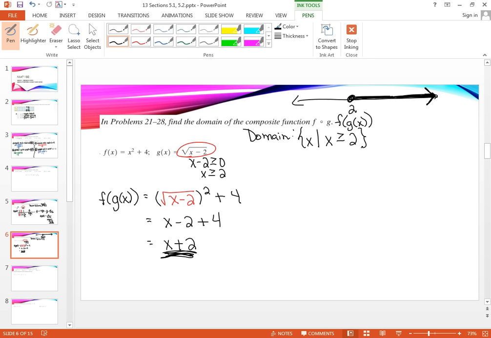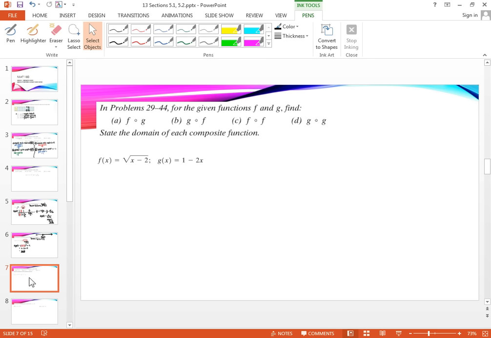Okay, let's do another. I picked this one because I want you to see one where the first restriction is not enough. Let's do A and C on this. Let's do A first.